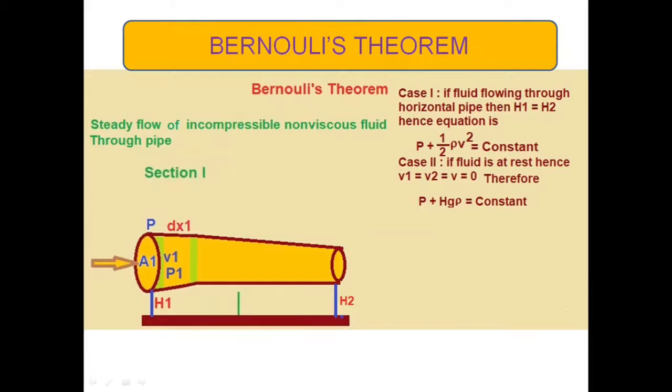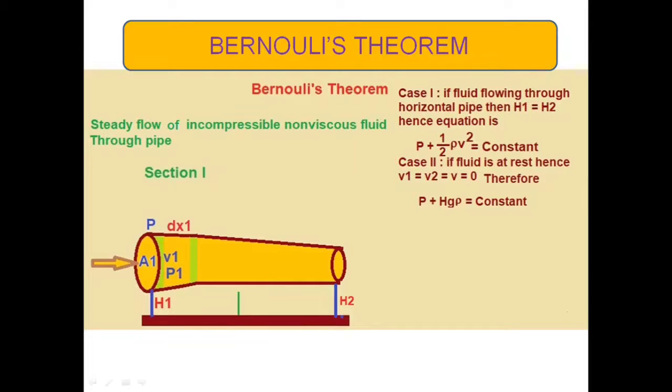Second case, if the fluid is at rest, there is no flow, hence V1, the velocity at end P, and V2, the velocity at end Q, and in general the speed of the molecule or velocity of the molecule V. So V1 is equal to V2 is equal to V is equal to 0. Therefore P plus h g rho is equal to a constant.